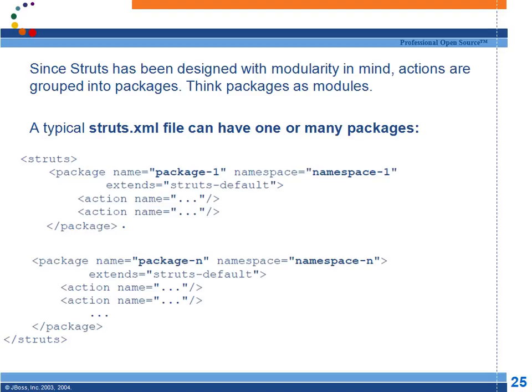I gave the package name as training, and it can extend some other package, not only this one. And every package can have a namespace. Till now we didn't use namespace. I'll tell you the use of namespace now. So like that, my struts.xml can have more than one package. Generally, for one module, we'll create one package.